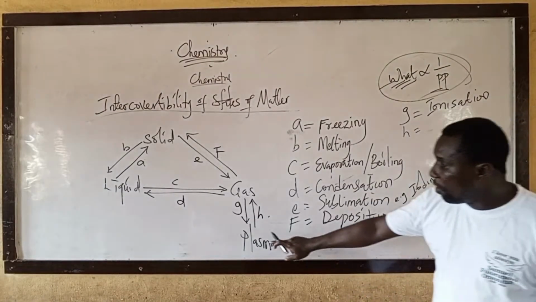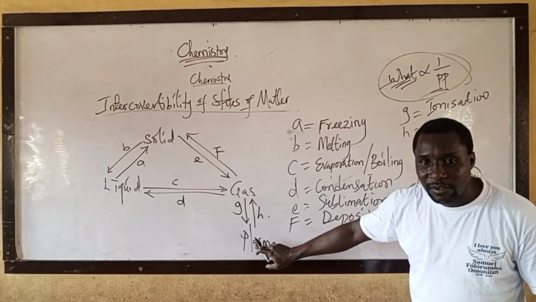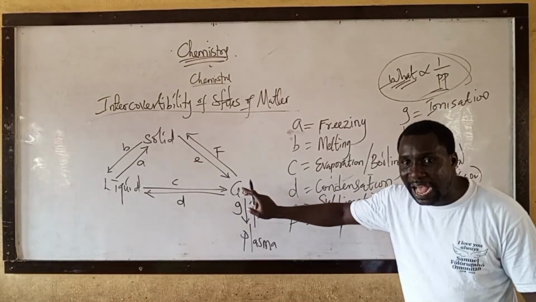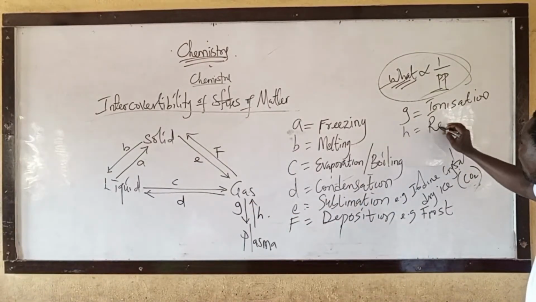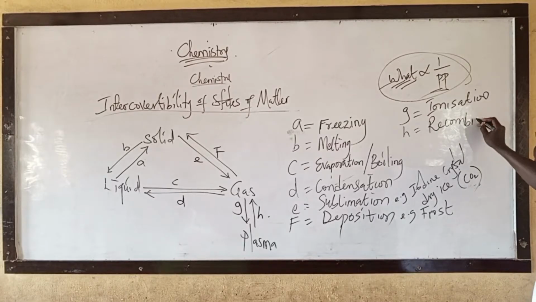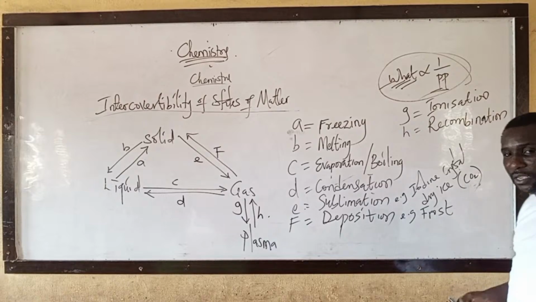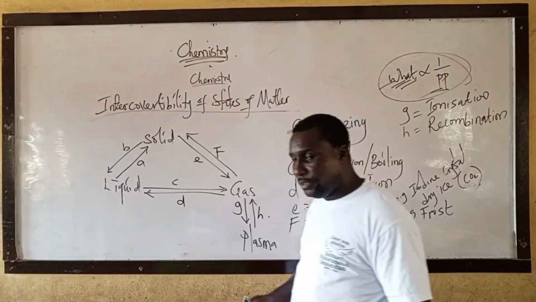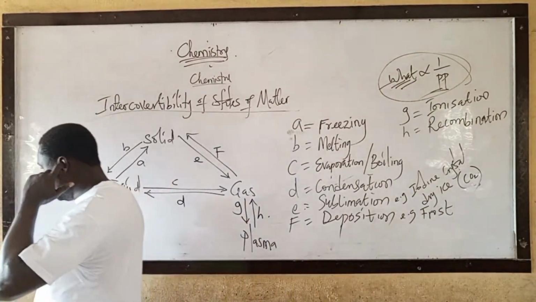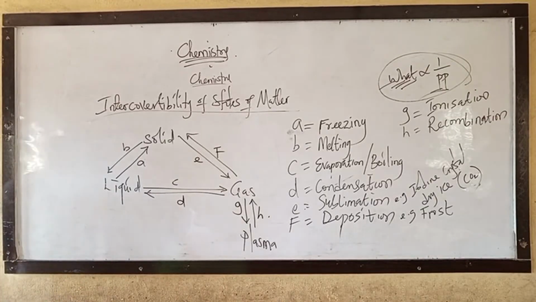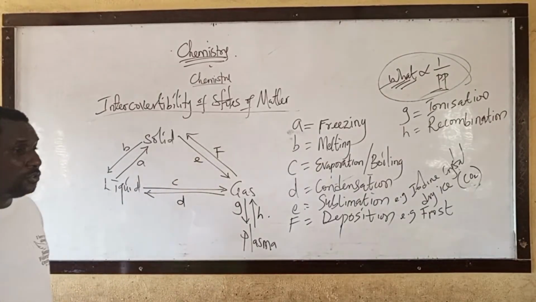H is from plasma to gas. From plasma to gas is recombination. Take note of that.